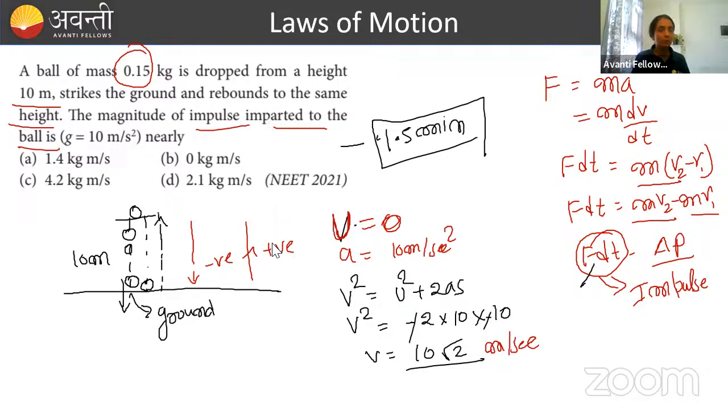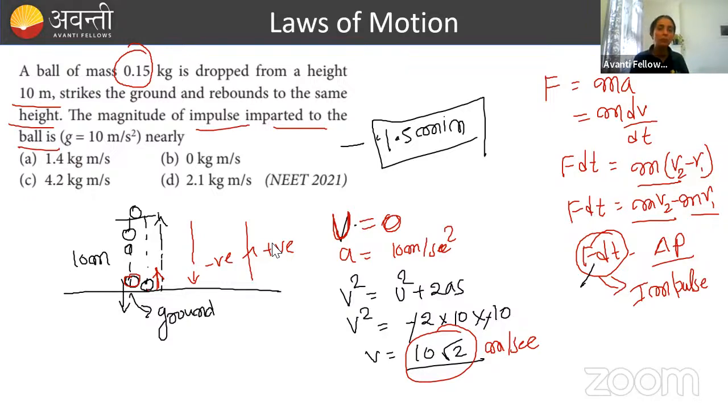Okay. Now just after it what will happen? It has velocity of this much, and with this velocity it will hit the ground, and when it will hit the ground, ground will apply a force on it, and because of that force, its velocity will change. It will become in upward direction, and since it is reaching the same height, it means the magnitude of its velocity during collision has not changed.